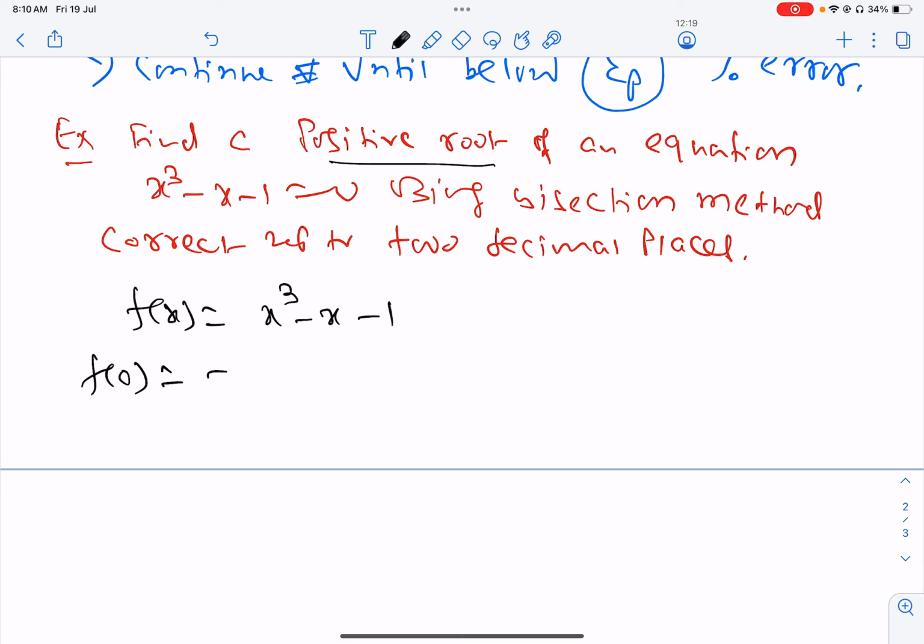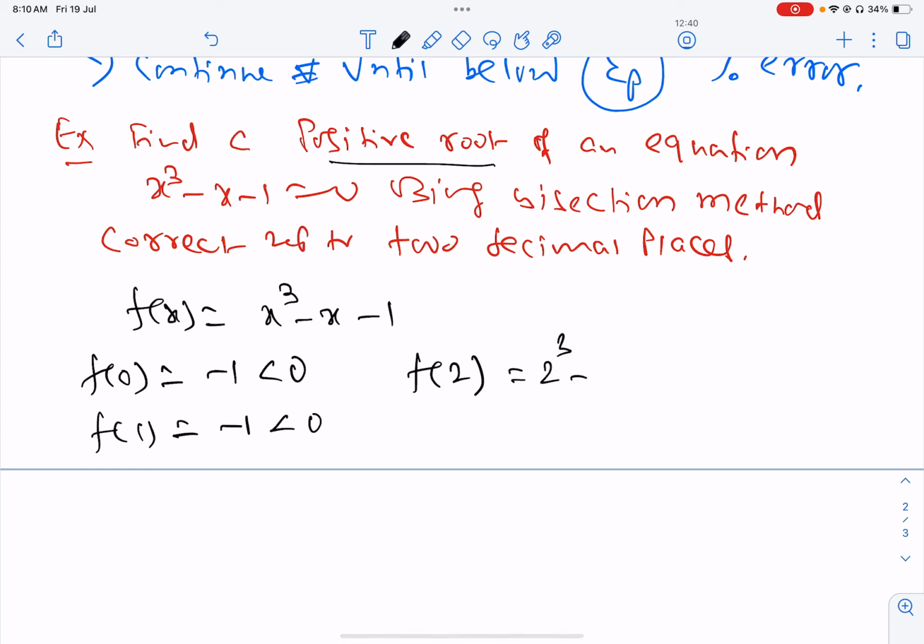So f of 0 is minus 1, negative. Then let us take f of 1, that is also minus 1, negative. Then find f of 2: 2 cubed minus 2 minus 1, so it is 5, positive.